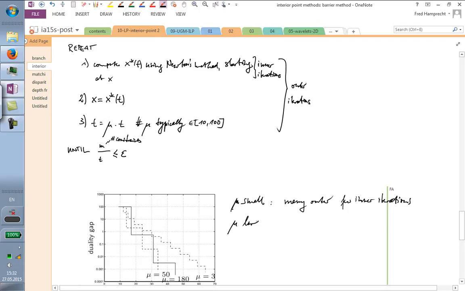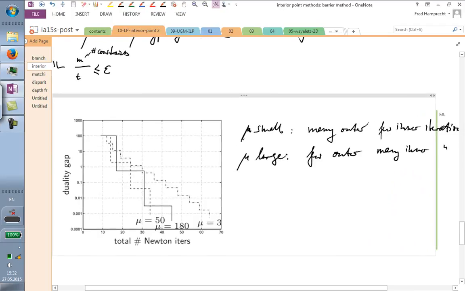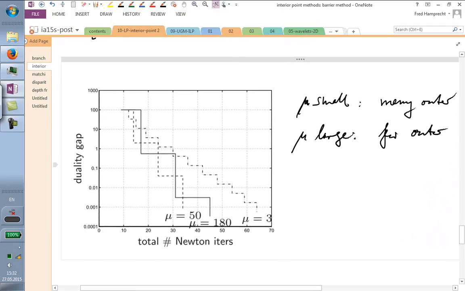If, on the other hand, mu is large, then we have few outer, but many inner iterations. Yeah, so it's a trade-off, and it seems that the performance is luckily not terribly sensitive to it. So here you see the quality of the solution.